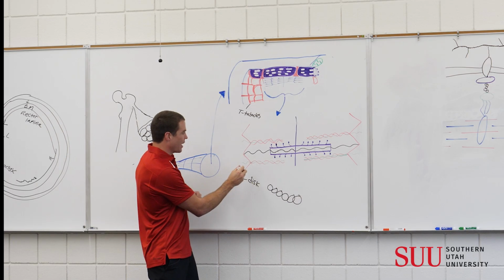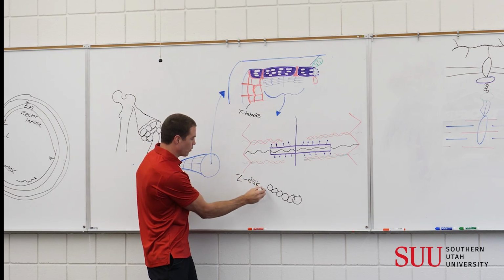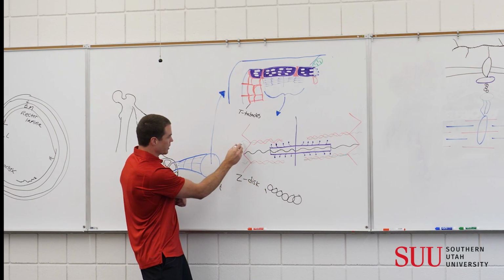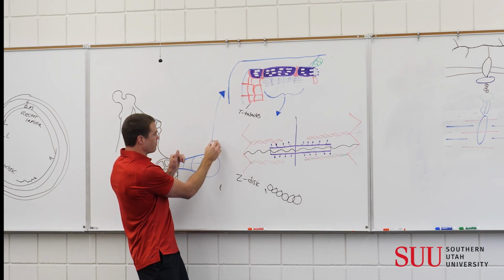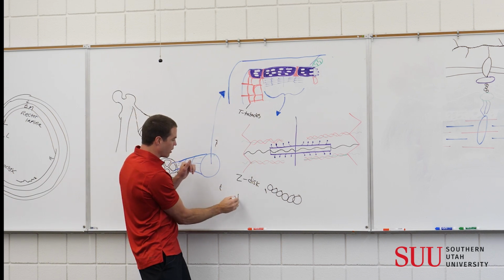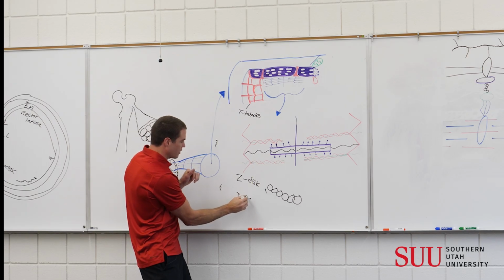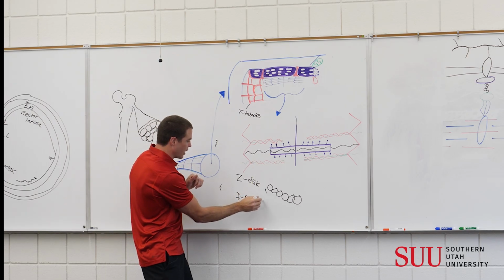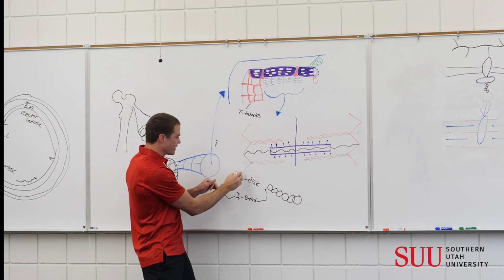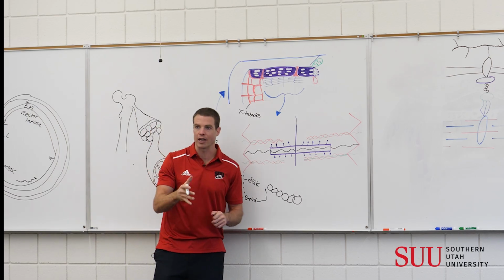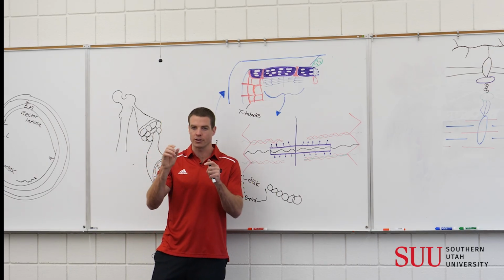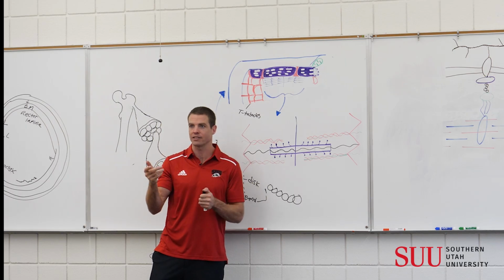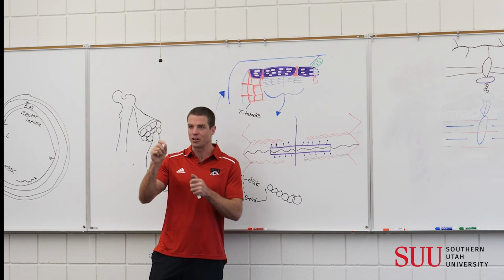So you have the I band that's going to be over here, and we could actually draw out another sarcomere over here, and more after that. But here you have what we call an I band, and as I said, the Z disc goes right in the center of that I band. I know the text and the PowerPoint slides that we prepared have some really good images, so you can look at those a little bit better.